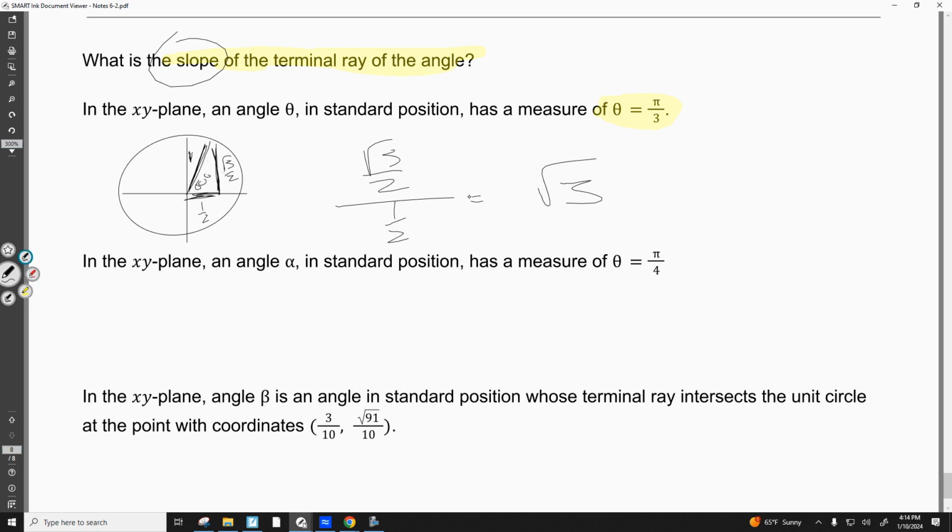What's the answer to the next one? You got those.